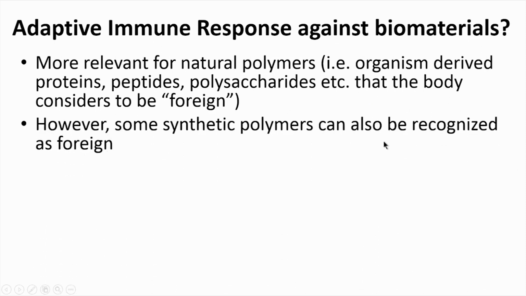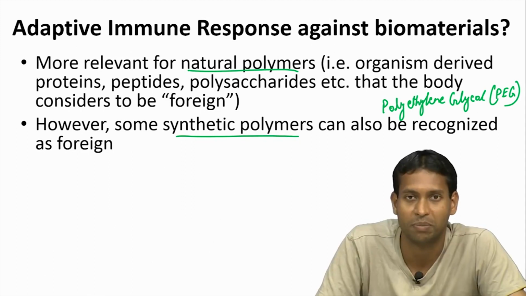Now, I mentioned here natural polymers, however, I have already given you an example in the polymer drug conjugates that even synthetic polymers can be recognized as non-self. I hope you guys remember. We had talked about polyethylene glycol, or PEG, as one of the polymers that was used to prevent protein adsorption, enhance circulation, increase the size, all of those properties.